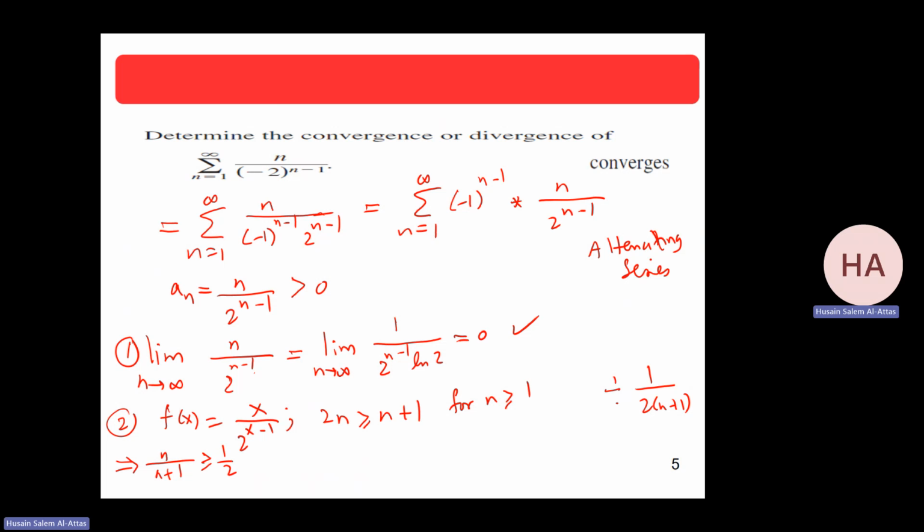This is a positive value, so that will make no difference. This half I can write as 2 to the power n minus 1 over 2 to the power n, and this will be less than or equal to n over n plus 1.